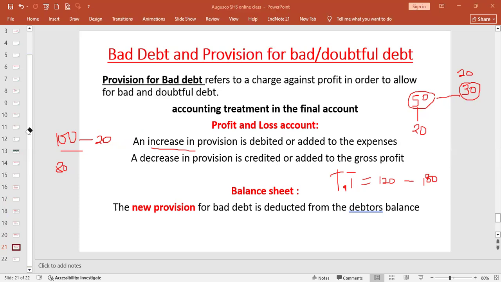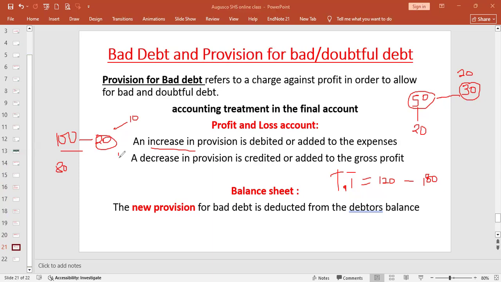Then the actual bad debt or the actual expense that you made the provision for became 10 cedis. So the actual is now 10 cedis, which means your provision was more than the actual. So here you have to decrease your provision. And if you check the decrease, it is 10 cedis.